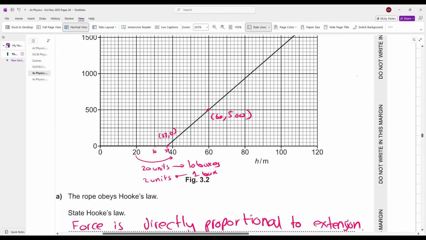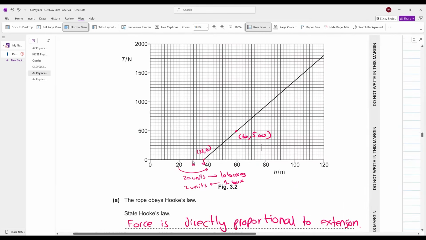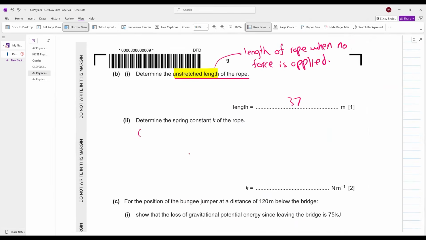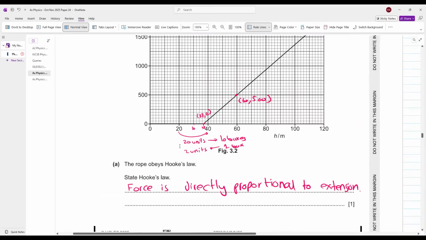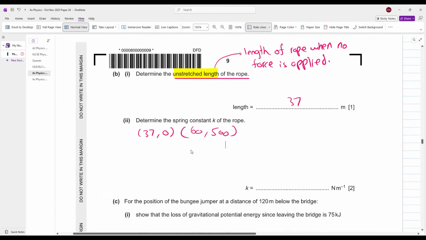Can you calculate the gradient? हाँ जी. Can you calculate the gradient to calculate a spring constant? Yes. इसको नीचे लिख देते हैं. 37, 0 and 60, 500. Can you calculate the gradient? Yes.